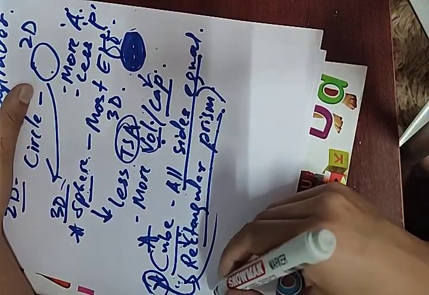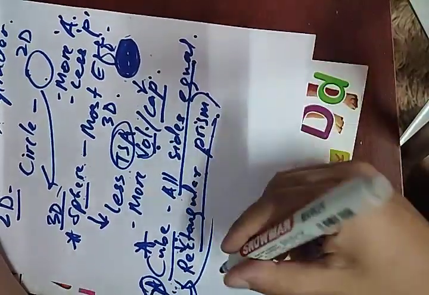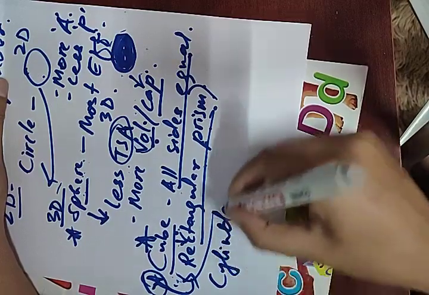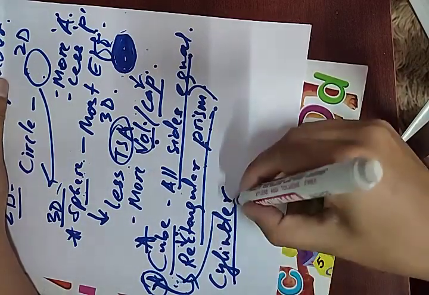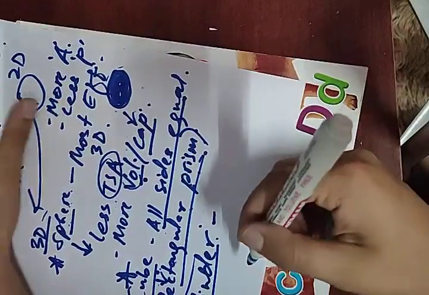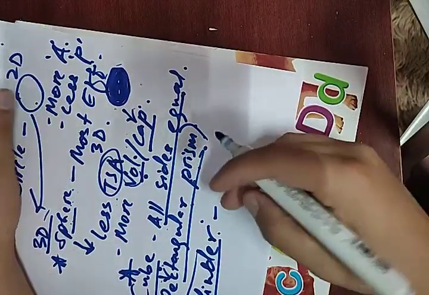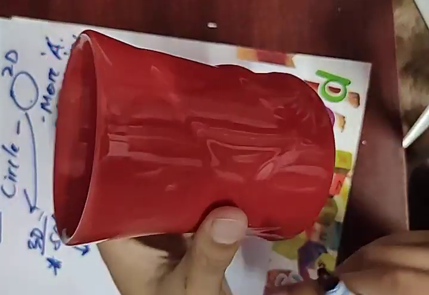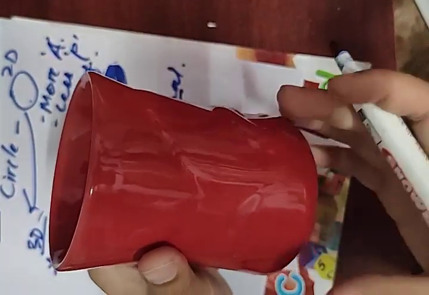Then coming to another type of 3D shape, that is the cylinder. The cylinder will be of variety, of different shapes and sizes, isn't it?